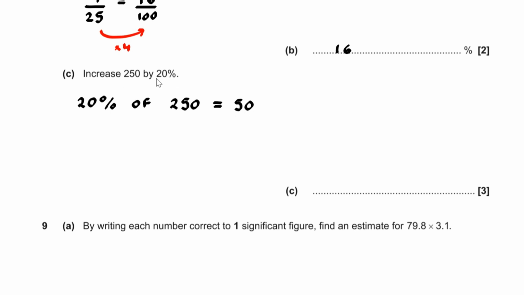So we need to add on to the 250 is 50. So we've got 250 plus 50, which is 300. So if we increase 250 by 20%, we get 300.